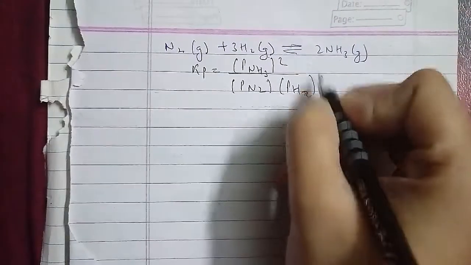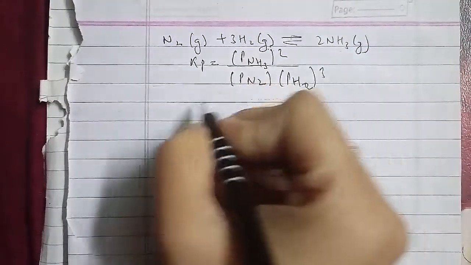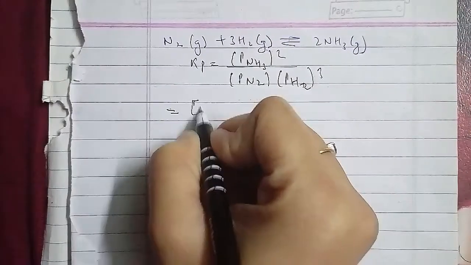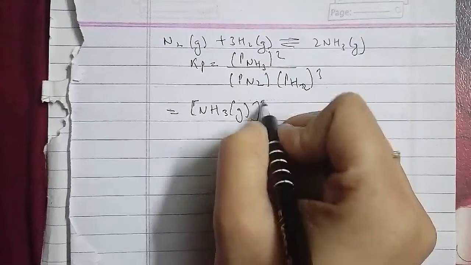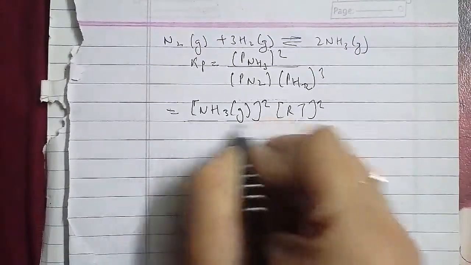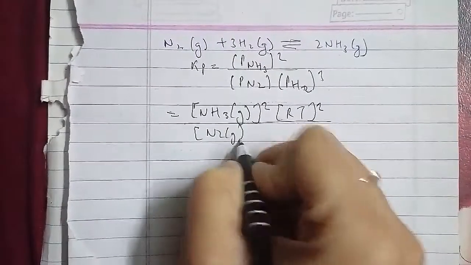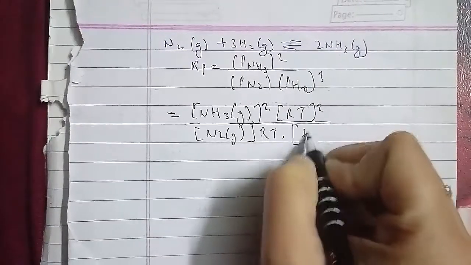Now we will put in the values here: [NH3] in the form of gas, whole squared, times RT squared, upon [N2] in the form of gas, close the bracket, RT, then another for [H2] in gas to the power 3, and then RT to the power 3 here.